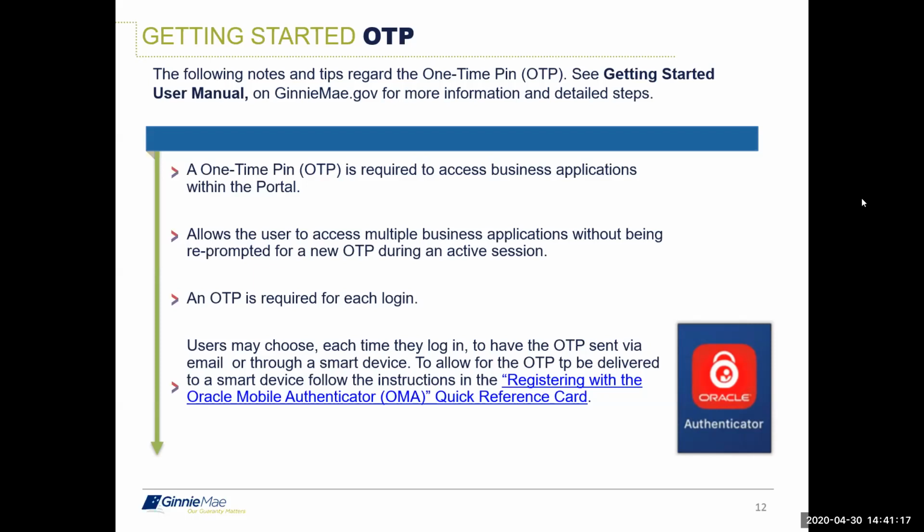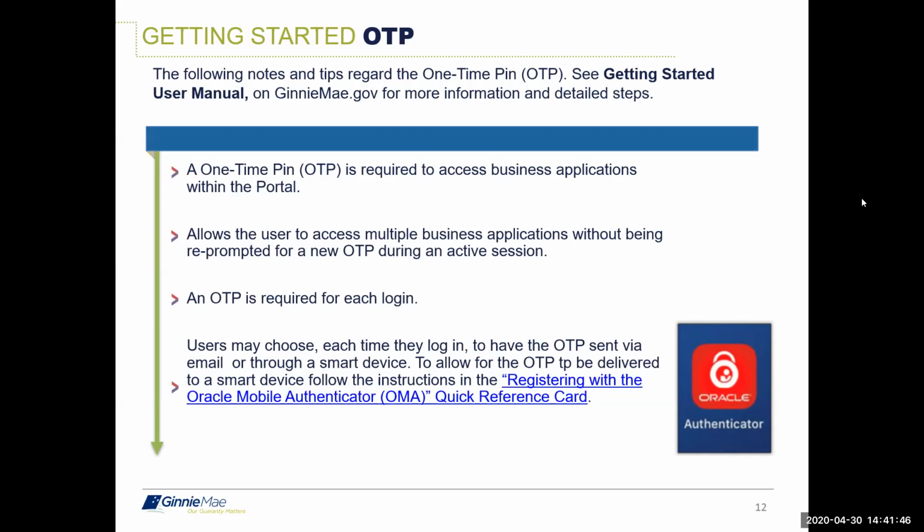Sometimes your individual organizations may have restrictions and firewalls that delay the delivery of automated emails, or completely block them. And that email OTP, once it is sent, is only valid for 10 minutes. If it is delayed in getting to you and it has expired before you get it, you will not be able to log into MyGinnieMae.